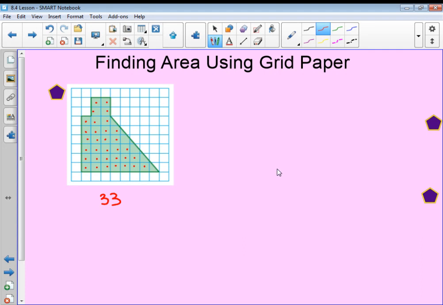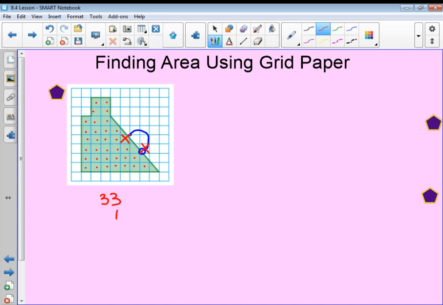Now, take note that some of these have just really tiny spots, and we are just doing an estimation. Okay, so what I'm noticing is if I were to go through and look at this piece right here, see how that little tiny piece, I wouldn't count that as half, but just visually looking, if I were to substitute that green part in right here where it was just white, that would make another whole. So I'm going to count this part right here and this part as another whole.